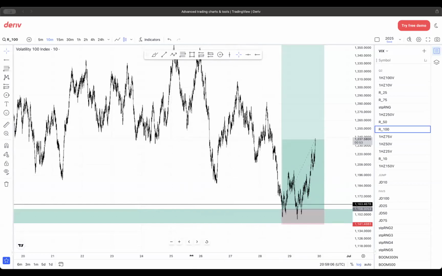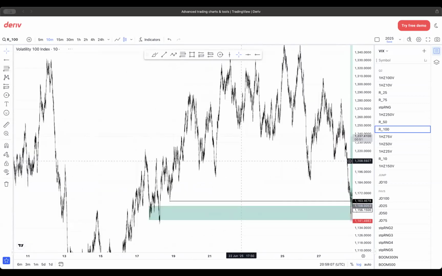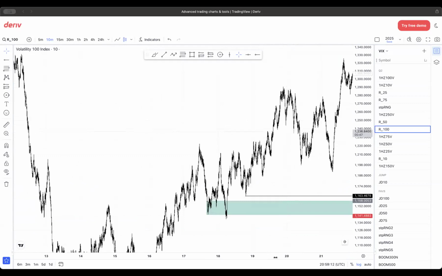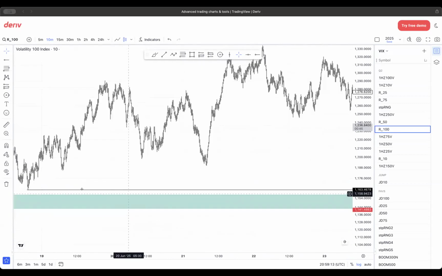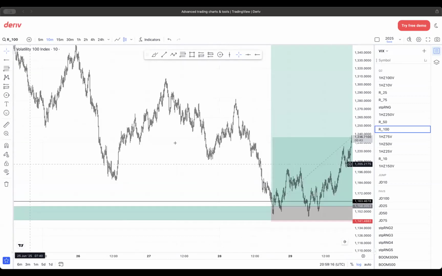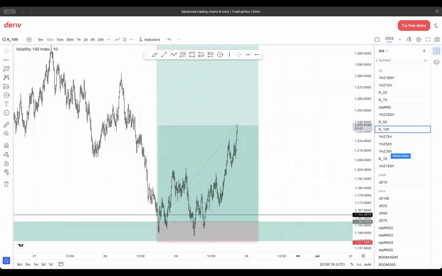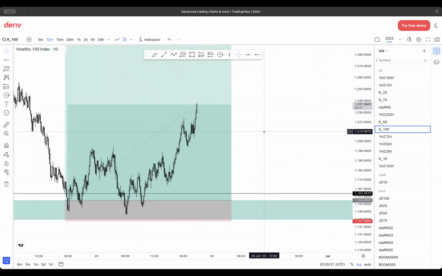Oh, we have the buy structure from there. Okay. So I'm not sure price will give us any other buy structure on the lower time frame on V100, sure. But I'll keep checking. If I see any, we can take that.